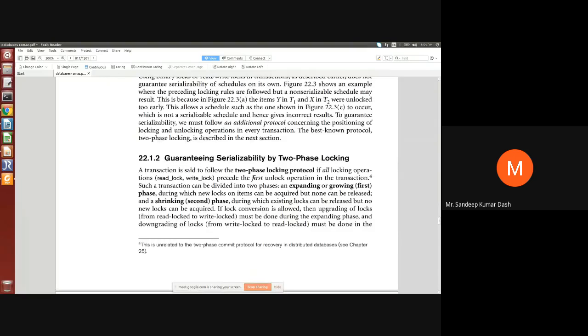The two-phase locking protocol mainly has two phases: one is the expanding or growing phase, another one is the shrinking phase. Shrinking phase means you release the locks on the data items. So in the expanding phase, you go on acquiring locks on the data items. In the shrinking phase, you release the locks so that other transactions can access them.